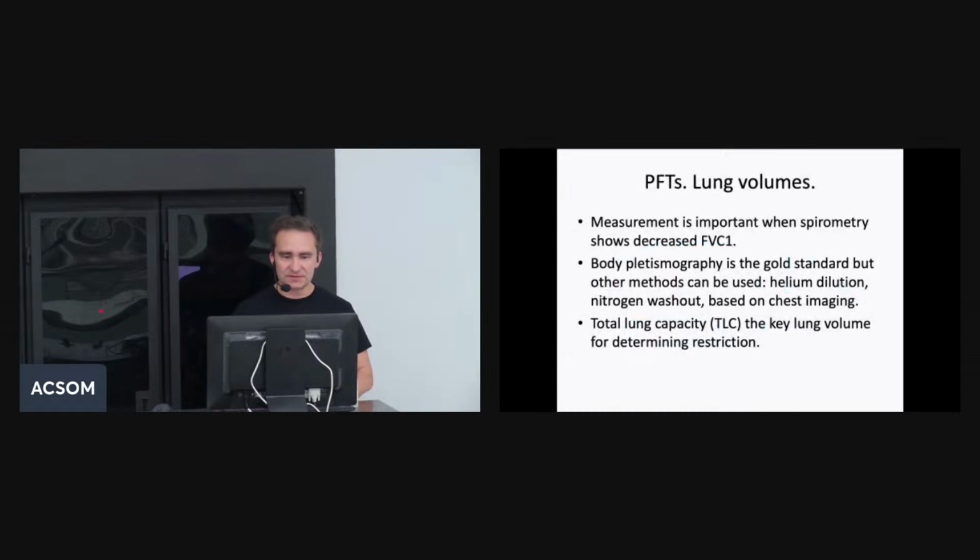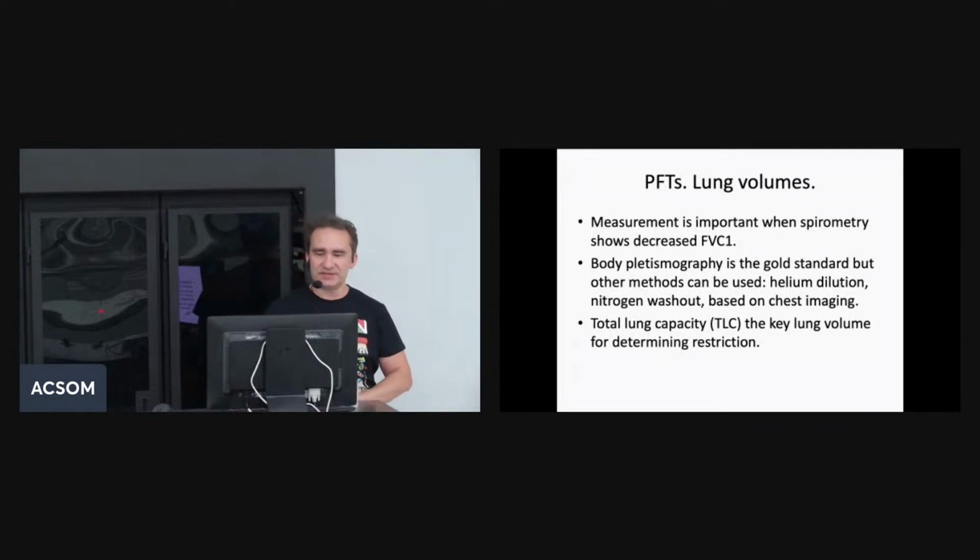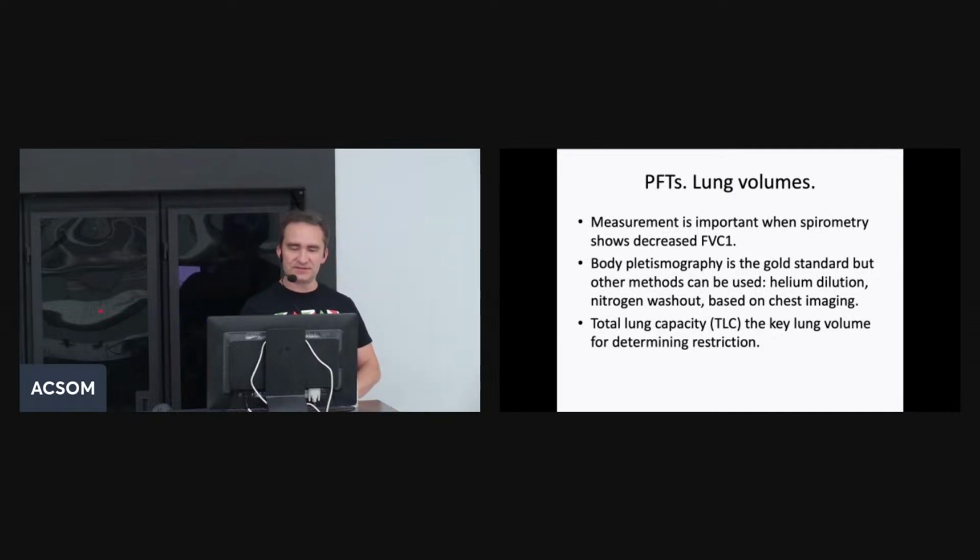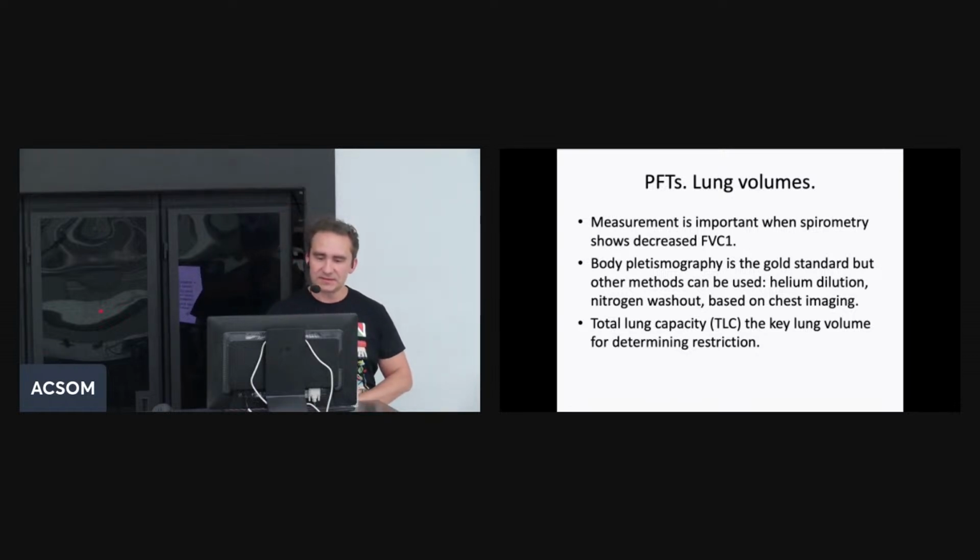Lung volume measurements are important when spirometry shows decreased forced vital capacity. I'm not sure, I think it's wrong there. It's either forced expiratory capacity, I think in 1 second.